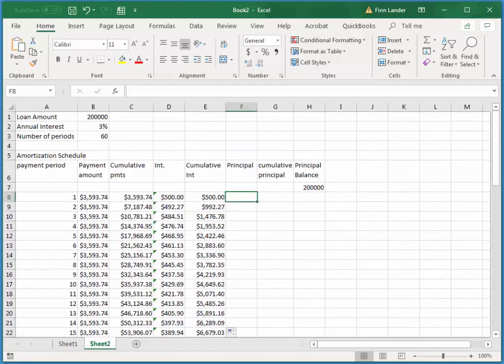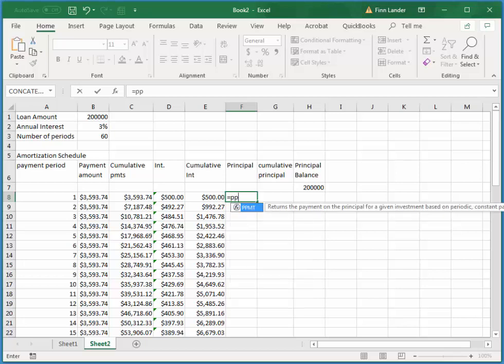So this is the amount of the principal that is being paid per payment. So again, a particular number of payment, and this is just simply PPMT, principal payment. Now notice when I type that in, it says returns the payment on the principal for a given investment based on periodic. And in this case, it's not an investment because we're using a negative.